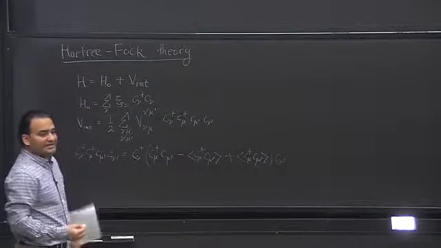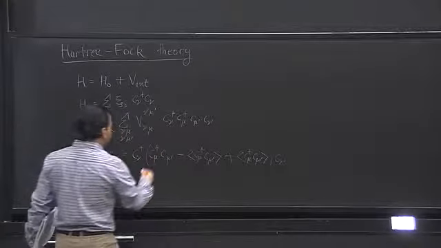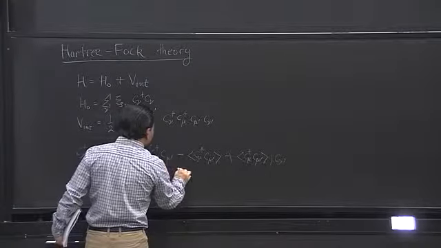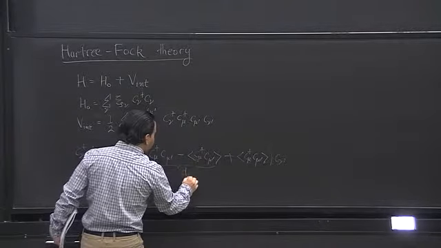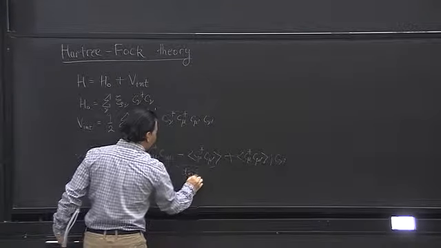Now, just as we did last time on Friday, we'll define this quantity as a deviation operator, and I'm calling it d mu prime.